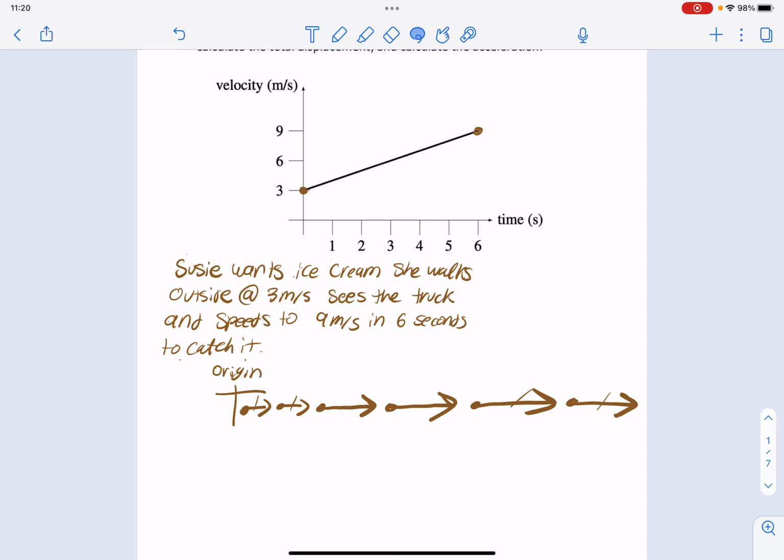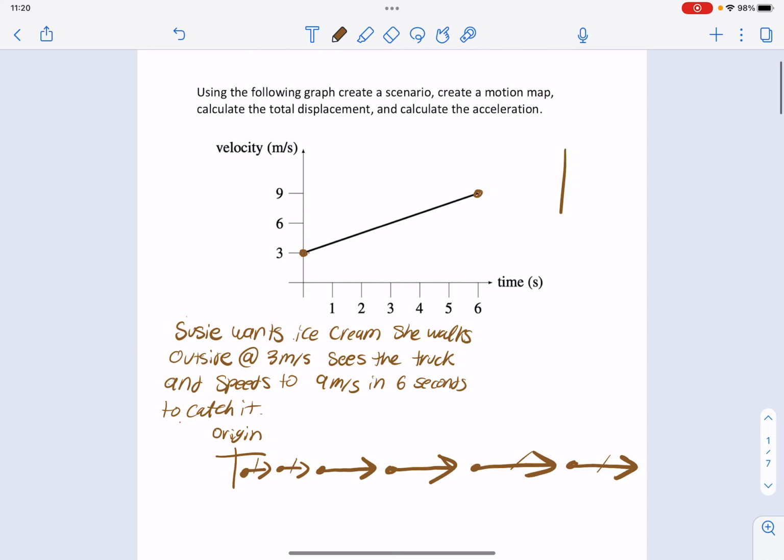This little bar that I wrote is just an origin. When you draw your origin, you're going to make pretty much a plus. This is going to stand for origin. And then you give a positive and a negative direction. That's all you have to do. There's no such thing as assuming in physics. We'll talk about that the first day of school, because assumptions can be wrong.